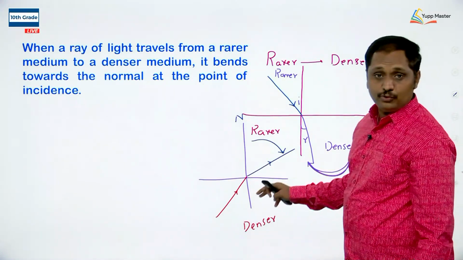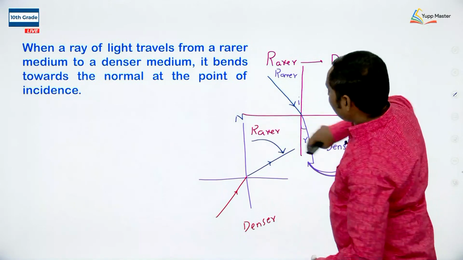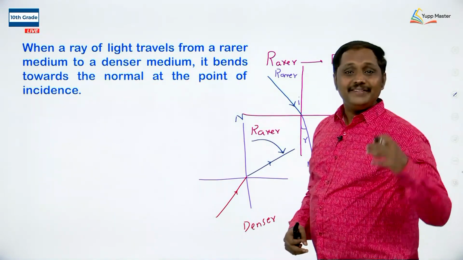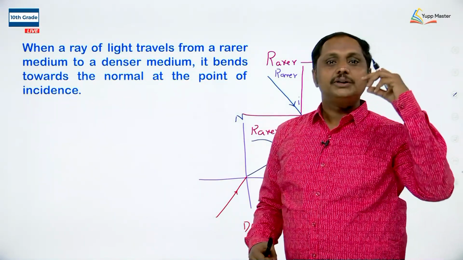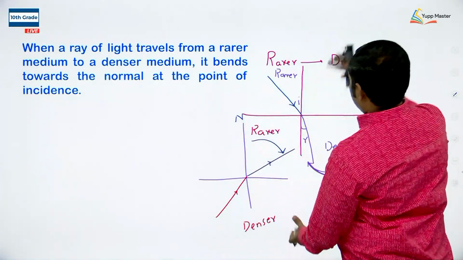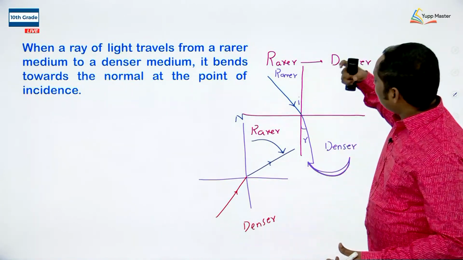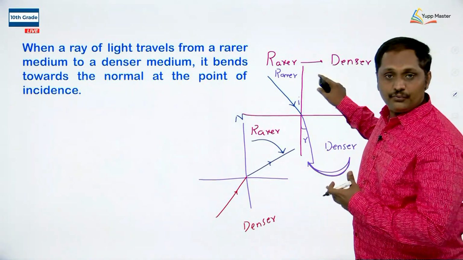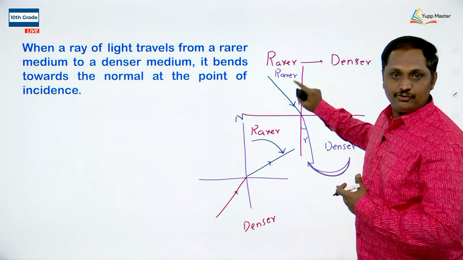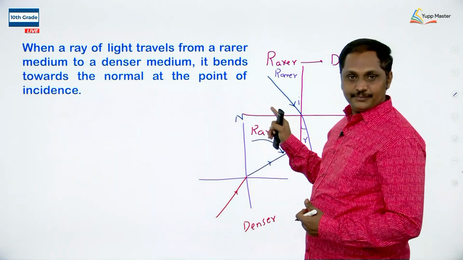Whenever light moves from denser to rarer, it moves away from the normal. This is because of the variation in densities. We have to take the first case and the second case: rarer to denser, then denser to rarer.